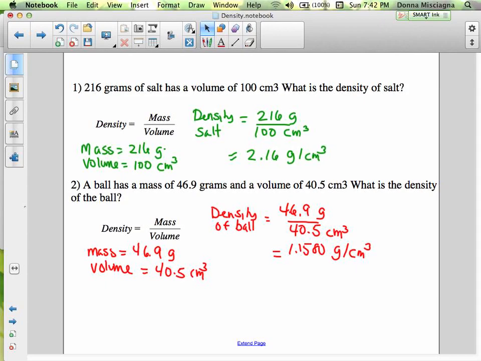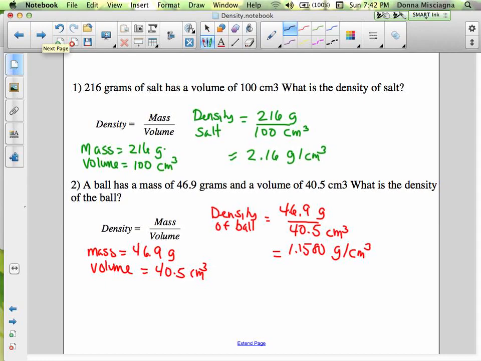Before I turn the page, I'm going to ask you, which one has the greater density? Is it the salt or the ball? If you're trying to figure out which has the greater density, which number is larger? When you just know mass and volume, you can't compare it.